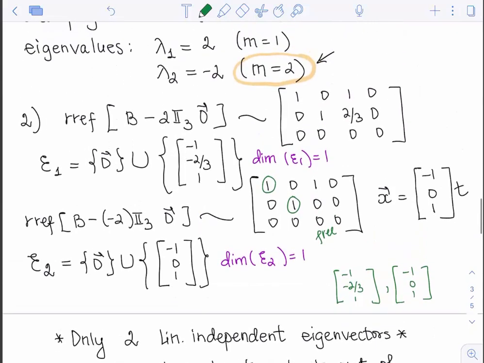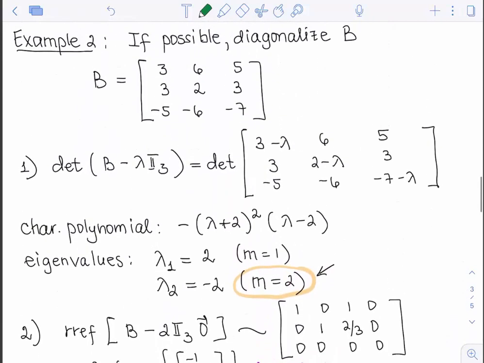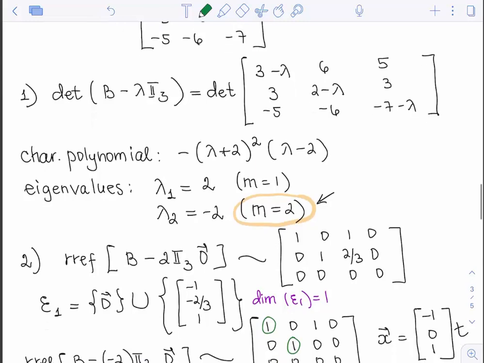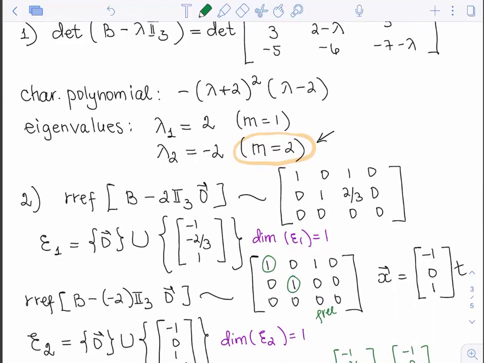All right, so as you can see, the steps are exactly the same. And there's no way to just say it one way or another by looking at the matrix. We have to do all these steps. We have to find the characteristic polynomial. We have to compute eigenvectors associated with each eigenvalue. And then the ones we need to keep an eye on are the ones where we have multiplicity greater than 1.